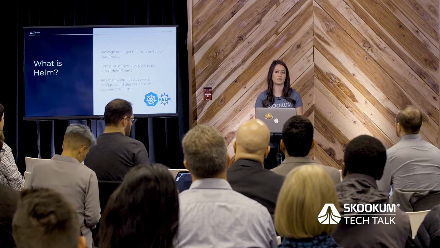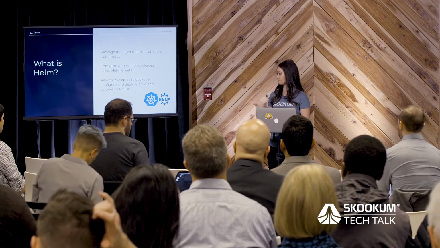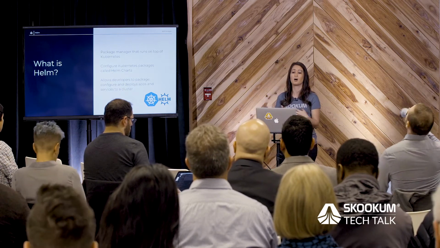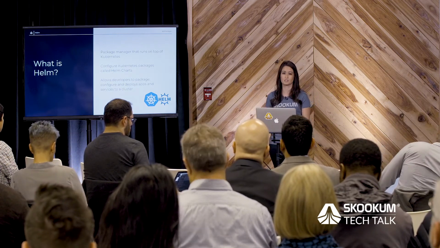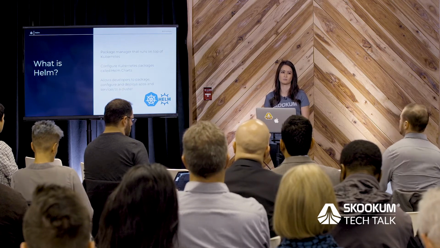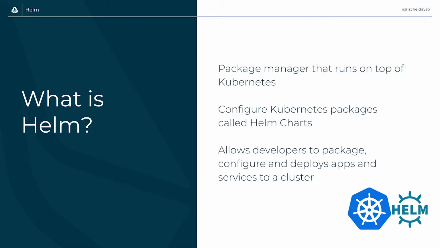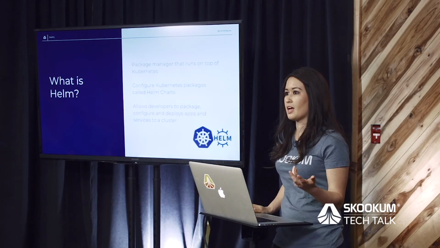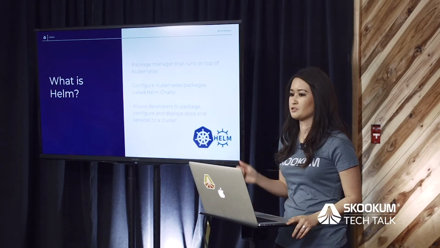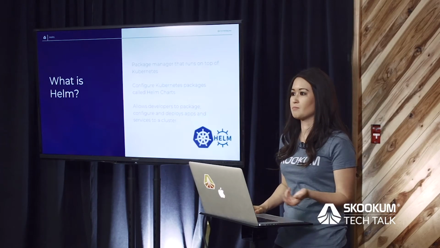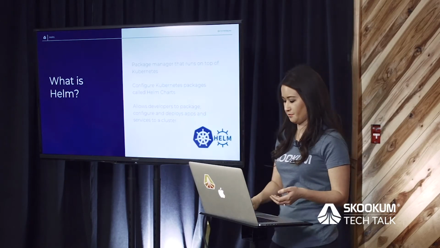Or if you're creating a Kubernetes resource that, let's say, multiple people on your team need, you can create a chart and then just share it among your team so people aren't redoing work multiple times. It allows developers to package, configure, and deploy apps and services to a cluster. So again, rather than having to do those steps over and over that I just showed you, it really gives you simple commands to do this pretty easily.